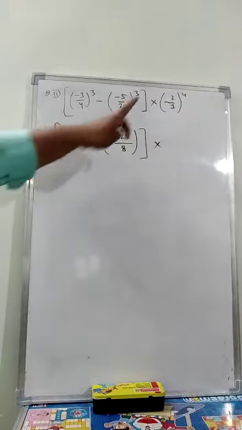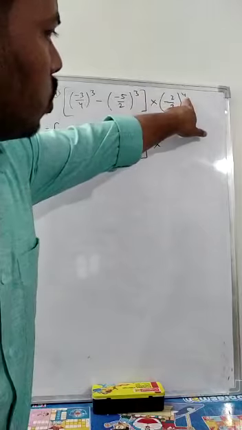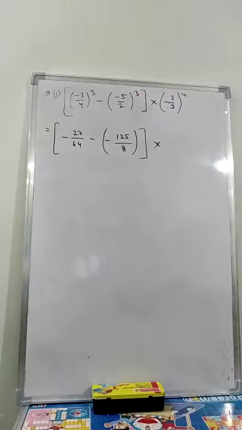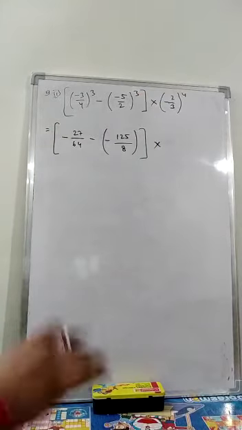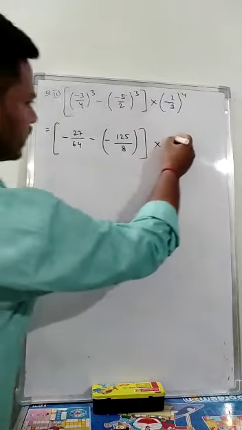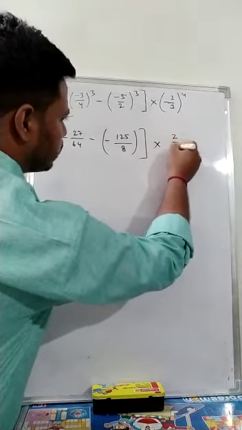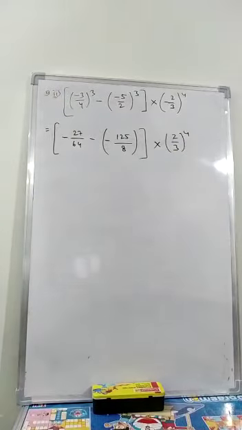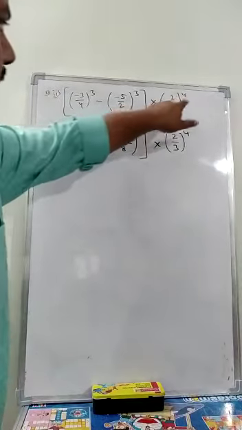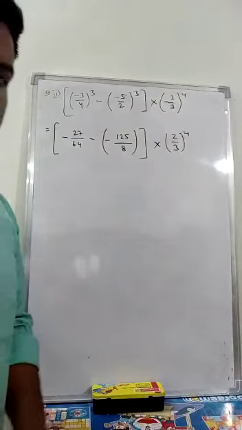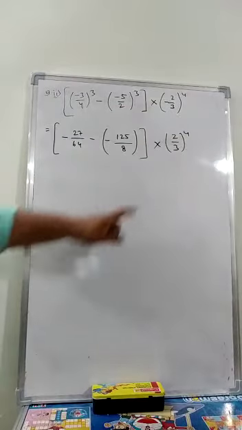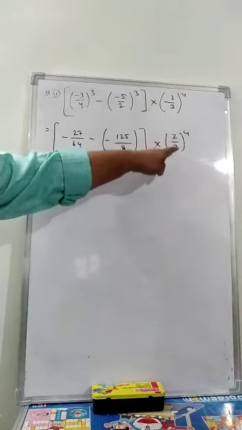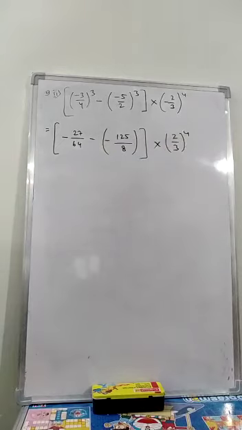Now one thing you see carefully: here the power is even, so you can remove the negative sign of the base. So this can be written as 2 by 3 whole to the power 4. Since the power is even, I have removed the negative sign of the base, and that's why this can be written as 2 by 3 whole to the power 4.